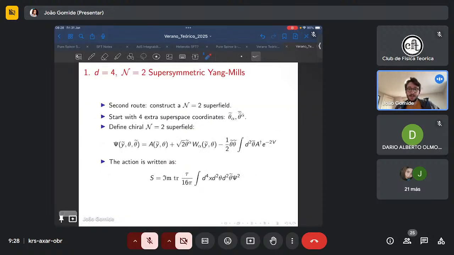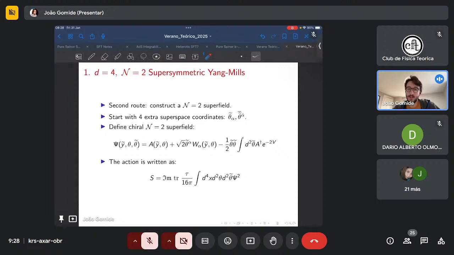The second route is that you can try to build an N=2 superfield. So maybe you've seen in class that an N=1 superfield is the natural thing to consider in superspace if you want to build N=1 supersymmetric quantities.